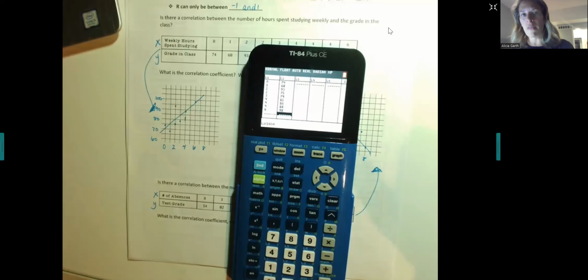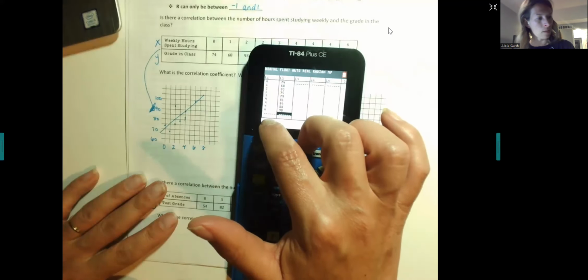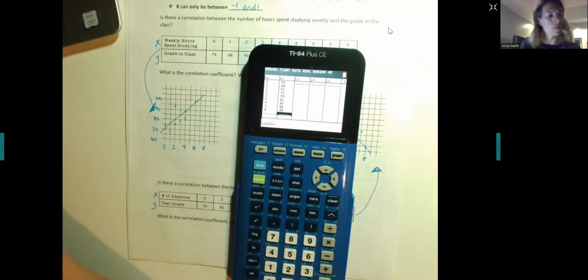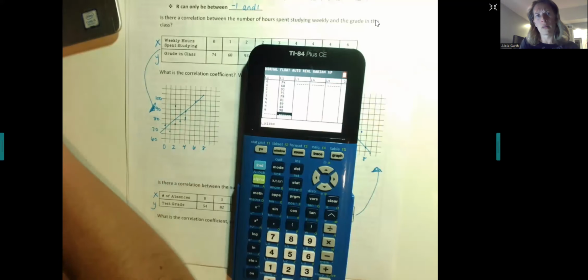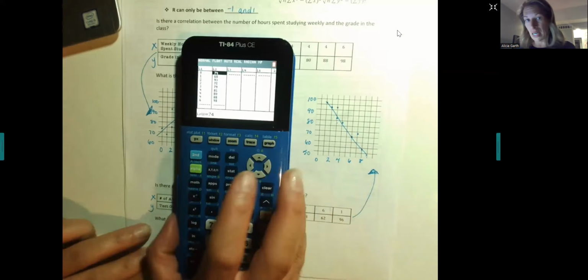All right, now that you have everything in your list, I was looking at the back of the notes, and I have that you put your independent data in one spot and your dependent data in another. It doesn't really matter as long as you know which one's which. So you've put these in list 1 and list 2. That's the key.